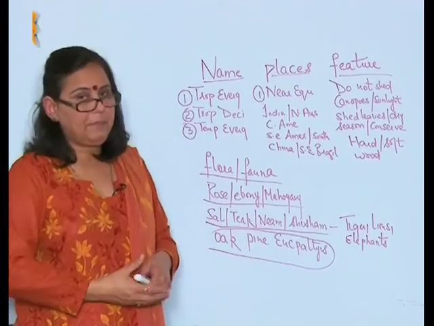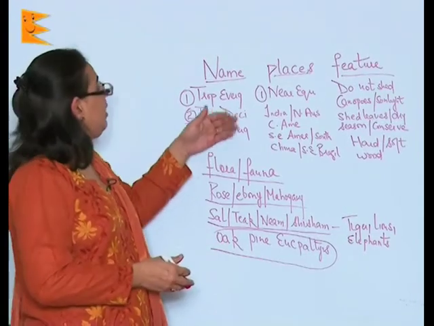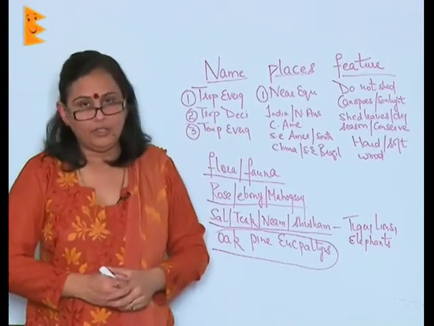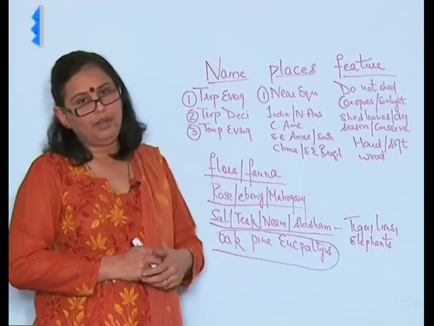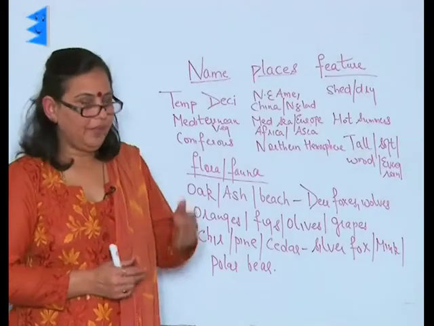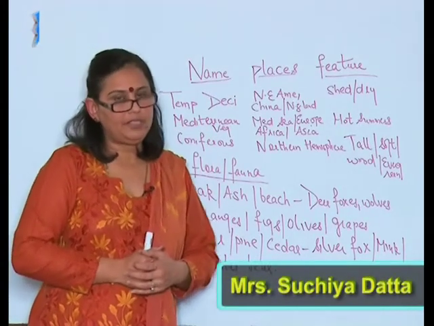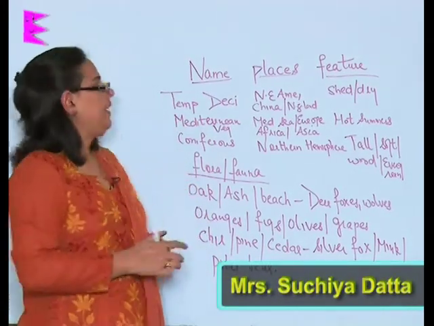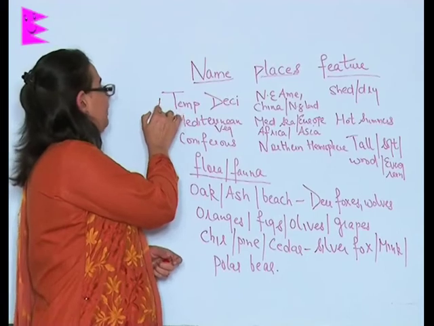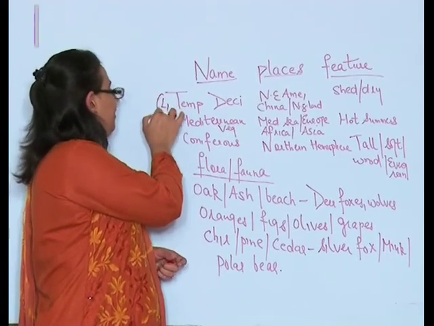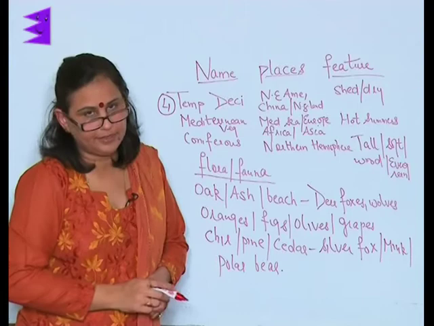Now, in the next clipping, I am going to tell you about the rest of the 3 kinds of forests found in the world. In the previous clipping, we did about the 3 kinds of forests found in the world, and now I shall pick up the 4th category, which is the temperate deciduous forest.